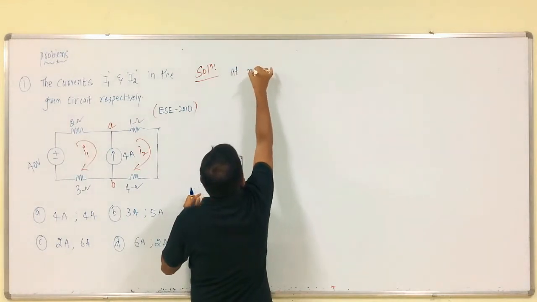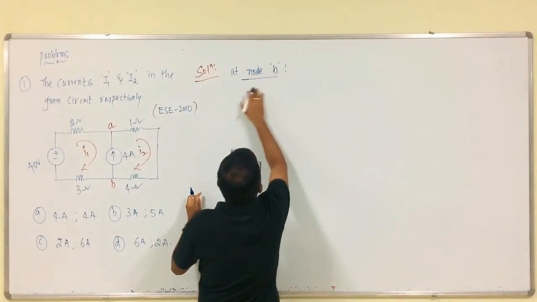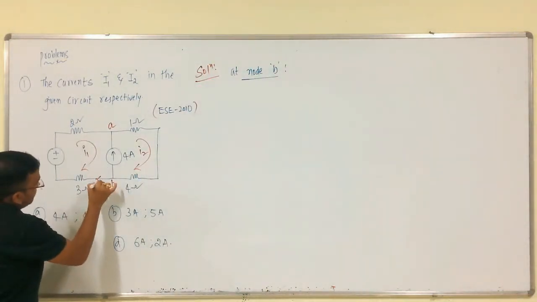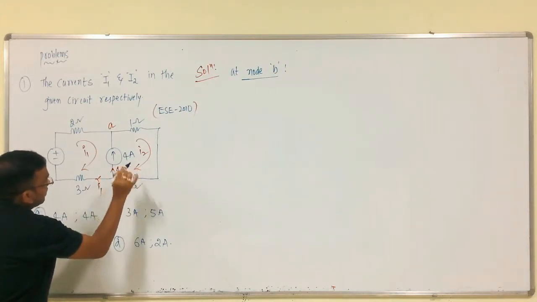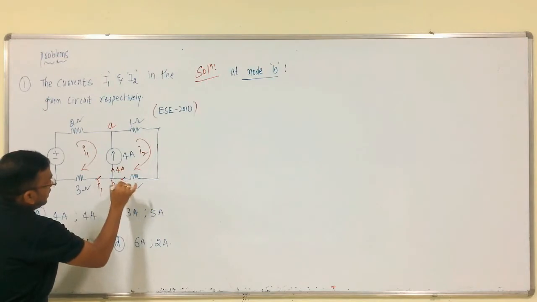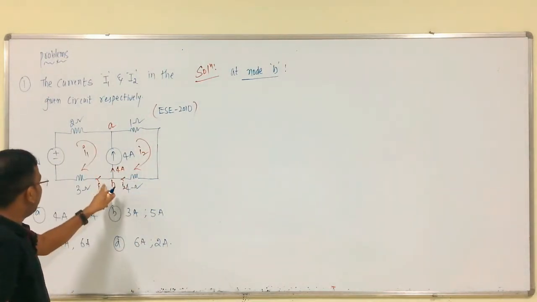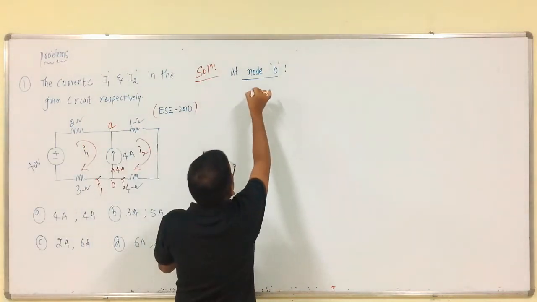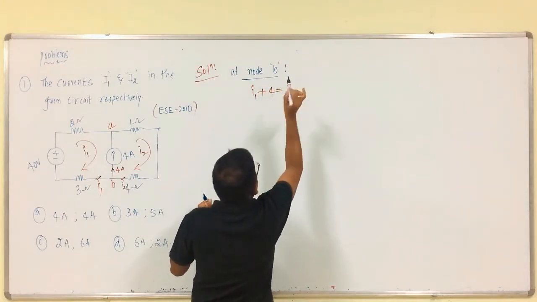At node B, I am considering node B. Current I1 is leaving, this 4 amps is leaving, I2 is entering, or you can apply at node A, no problem at all. So, I1 plus 4 is equals to I2.